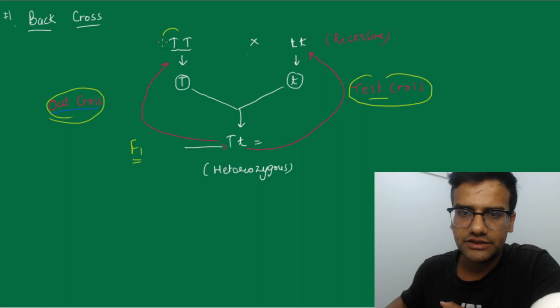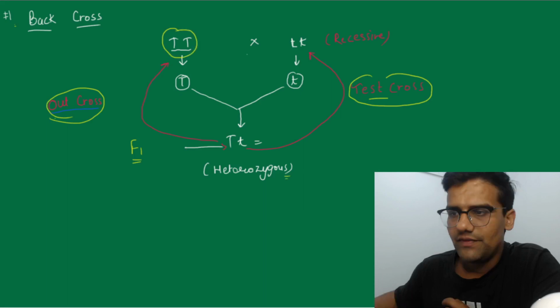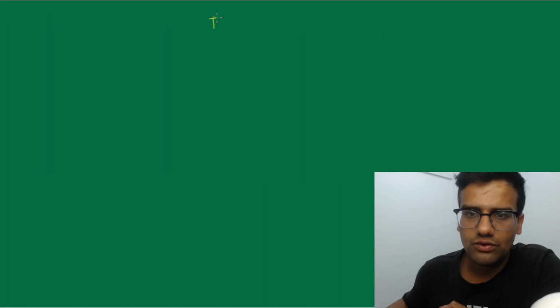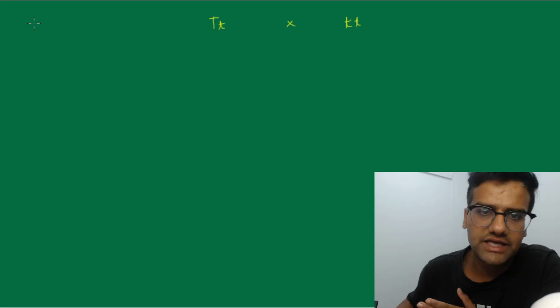But if we cross the heterozygous tall plant, capital T small t, with a plant that is small t small t, then it is test cross.